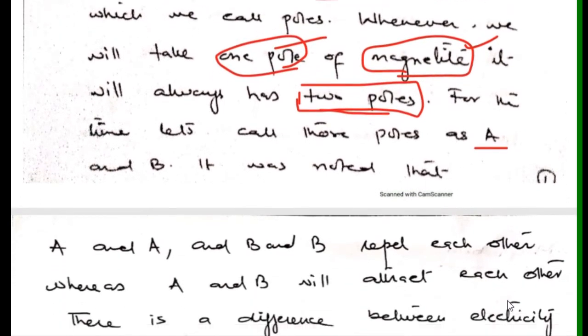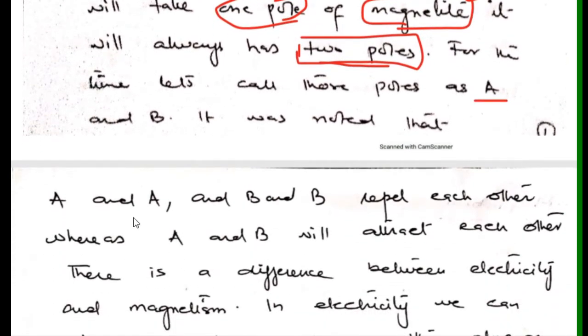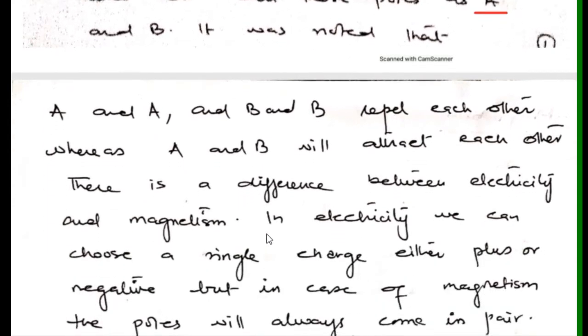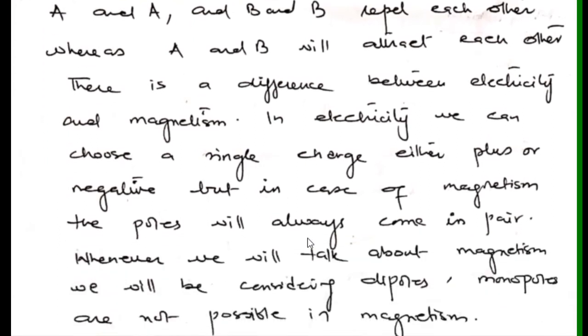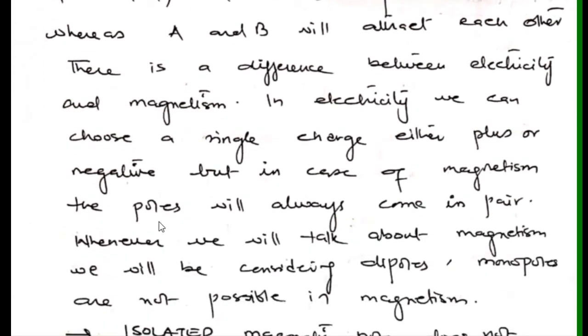It was noted that A and A, and B and B, repel each other, whereas A and B will attract each other. There is a difference between electricity and magnetism. In electricity, we can choose a single charge, either positive or negative, but in the case of magnetism, we can never choose a single pole.